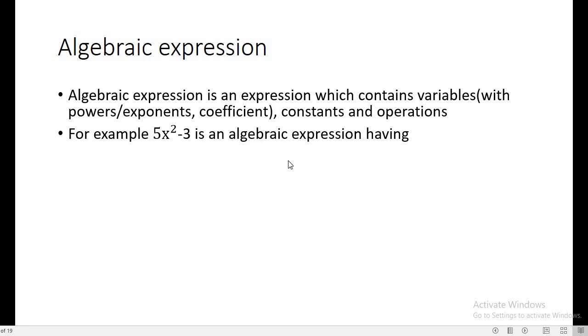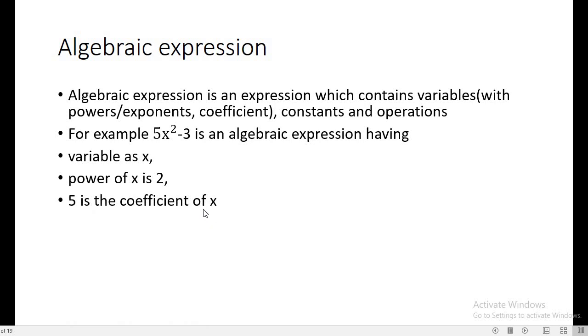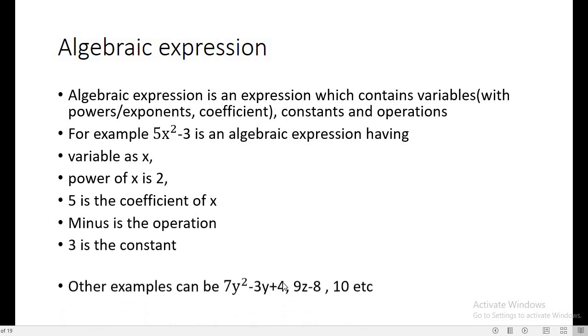This is an algebraic expression in which x is the variable, power is 2, or we can say exponent is 2, 5 is the coefficient of x square, 3 is the constant and minus is the operation.